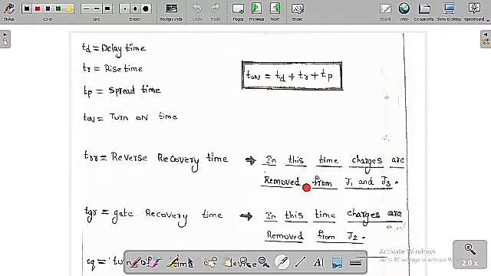In reverse bias, J1 and J3 are reverse biased and J2 is forward biased. So in this reverse recovery time, we remove all the charges from J1 and J3 because they were previously forward biased.